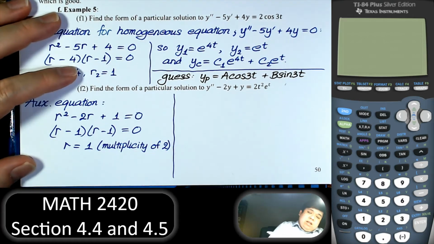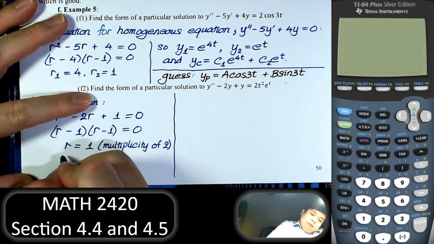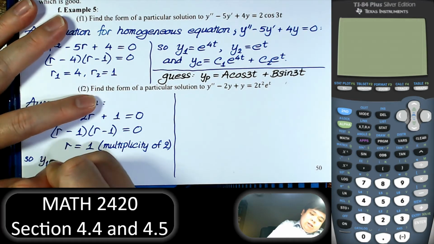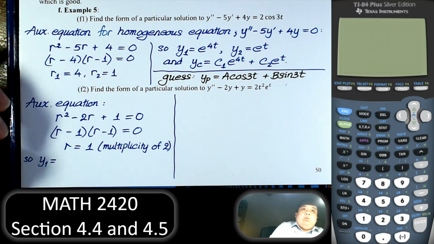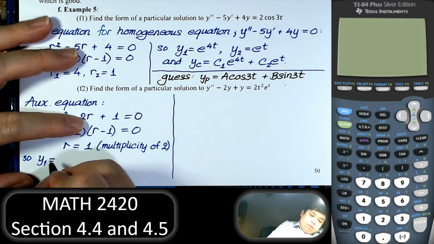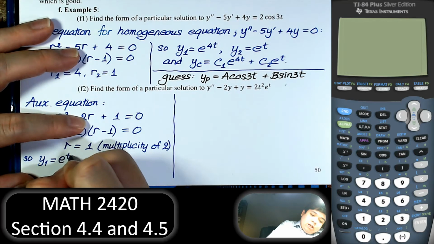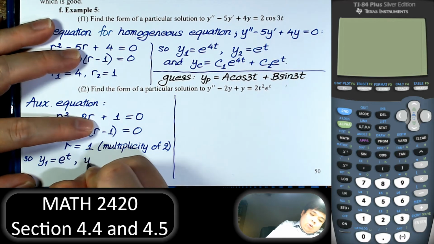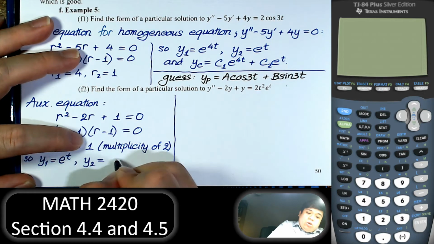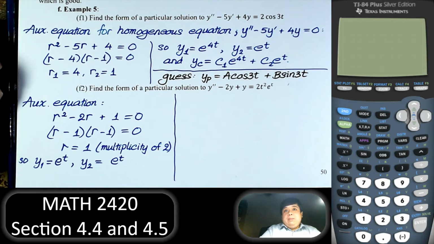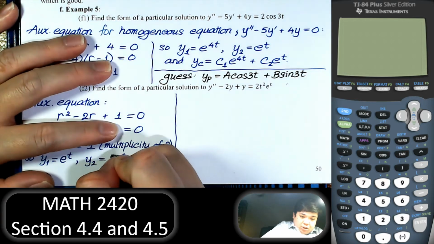So in that case, we will have y1 equal to e to the t, and y2 is also the same thing. So for linear independence, we have to multiply by t.